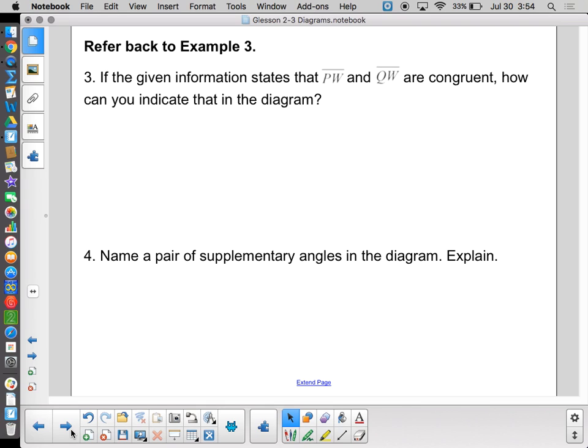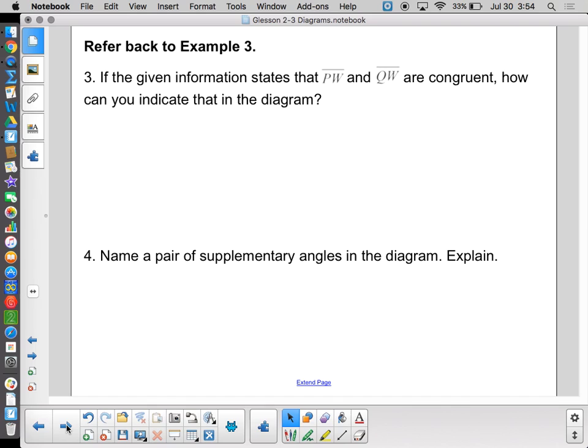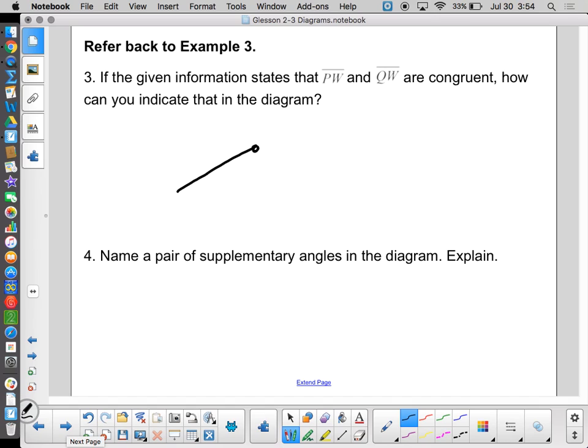If the given information states that PW and QW are congruent, how could you indicate that in the diagram? Segment PW and segment QW. Sorry, I don't have that particular diagram here. But if I wanted to indicate that PW and QW are congruent, how could I do that?